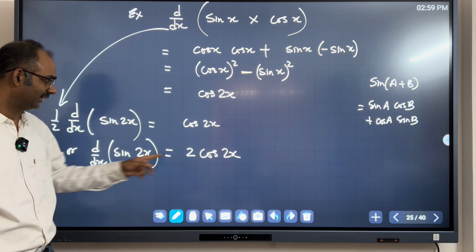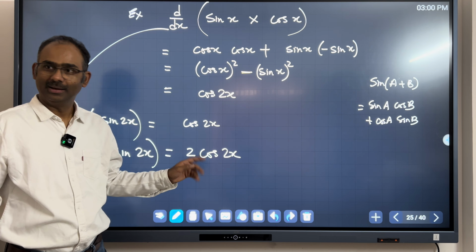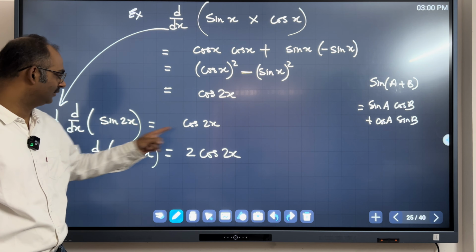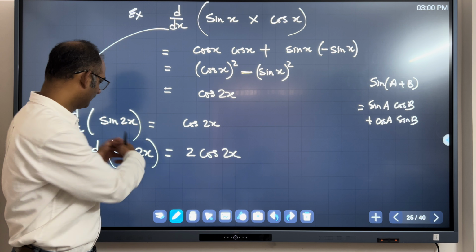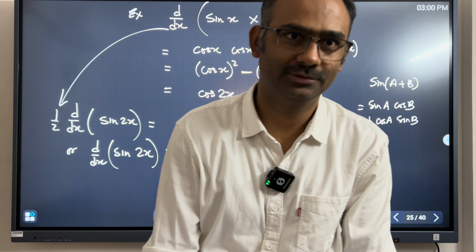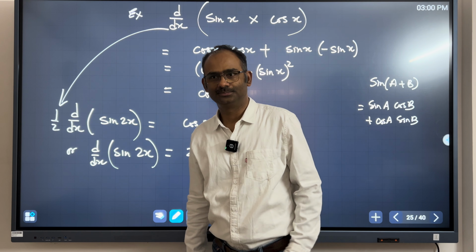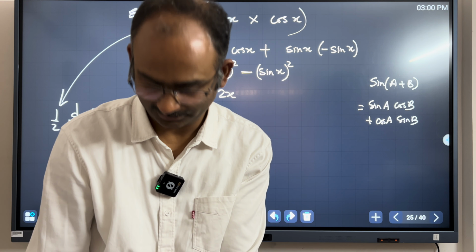That 2 is coming because of that. Okay, we'll see that later. Later I'll give you a result which will give you a more general perspective why you get such results. Maybe after a few lectures. Those of you who are aware of this will immediately identify what is happening.